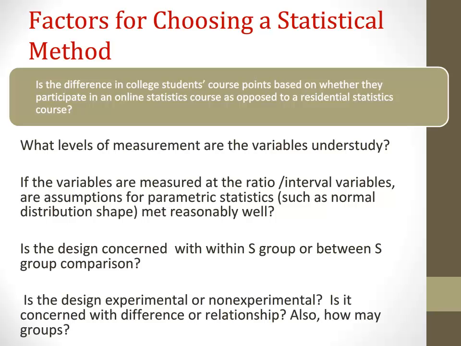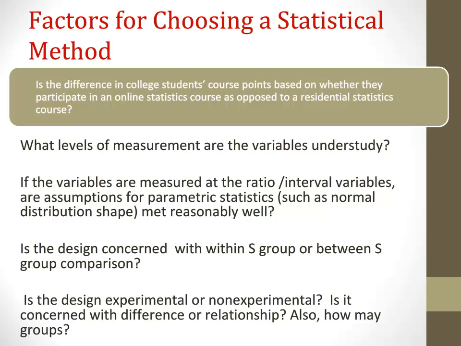So the next question we're going to ask is about research design. The question is, is the design concerned with within group comparison or between group comparison? So in this study, are we taking a group of students and putting them in an online course and then a residential course and measuring their course points both times, or do we have two separate groups that we're comparing?